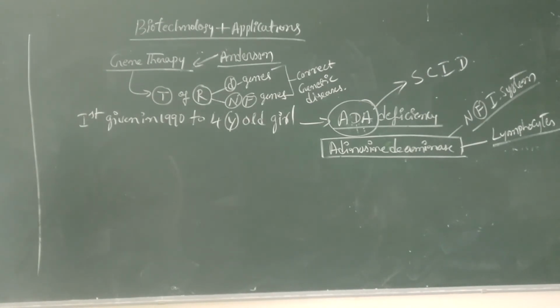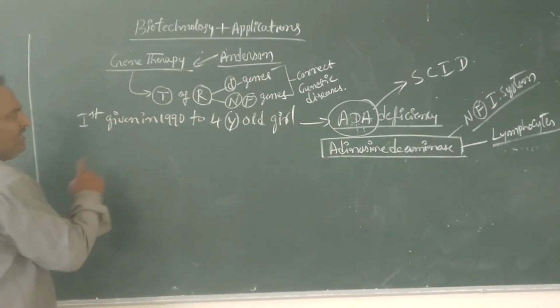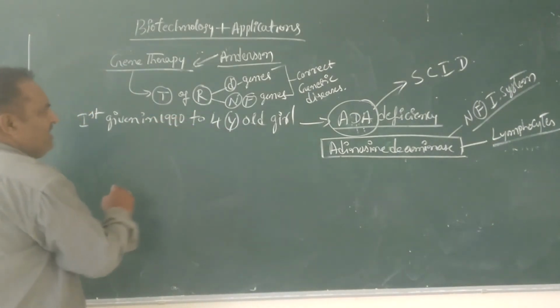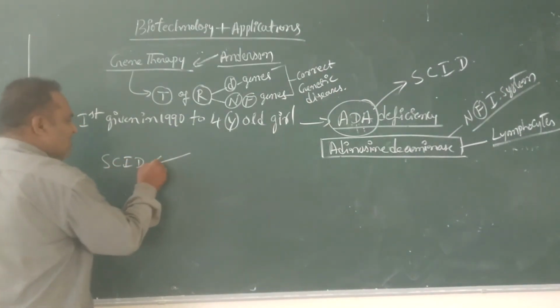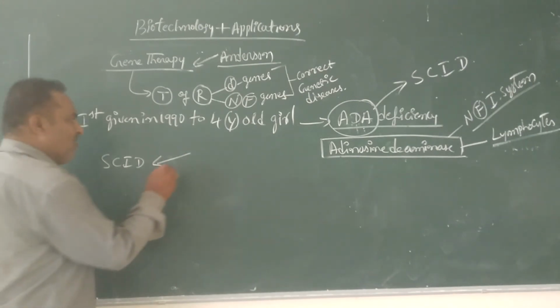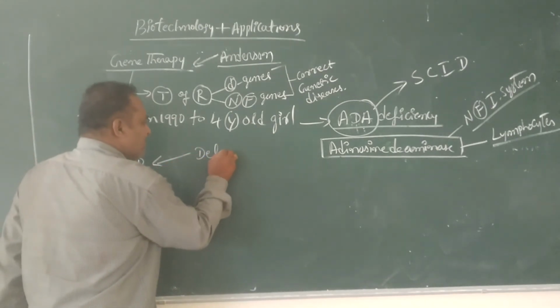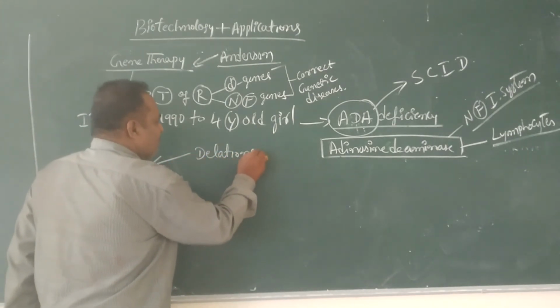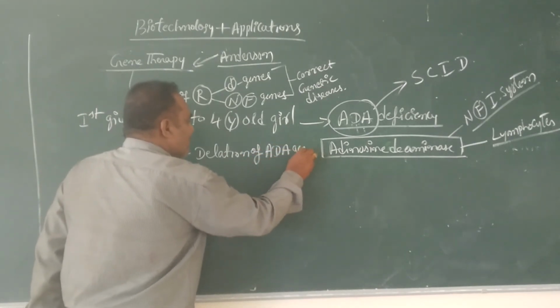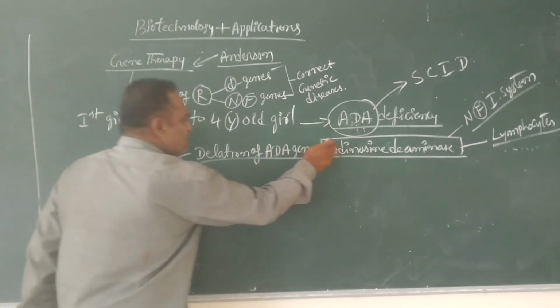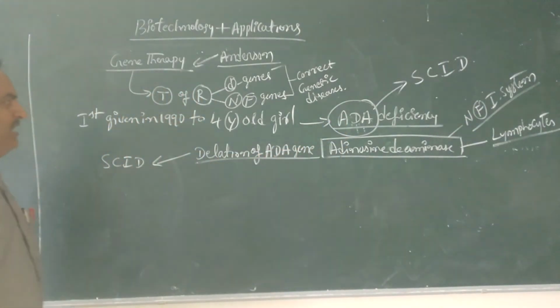This kind of disease, ADA deficiency or SCID, is caused due to the deletion of the ADA gene. For the production of the ADA enzyme, the ADA gene is very necessary.